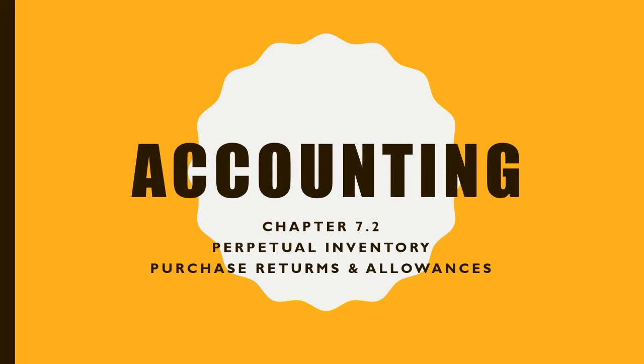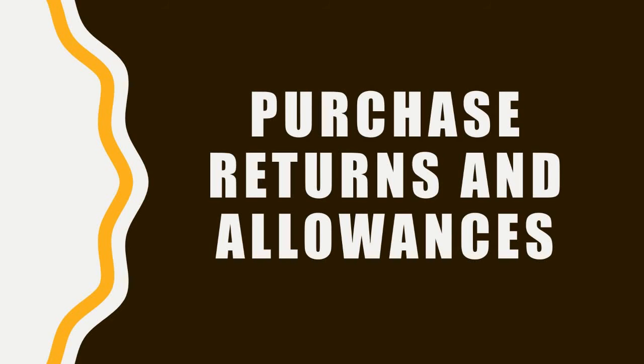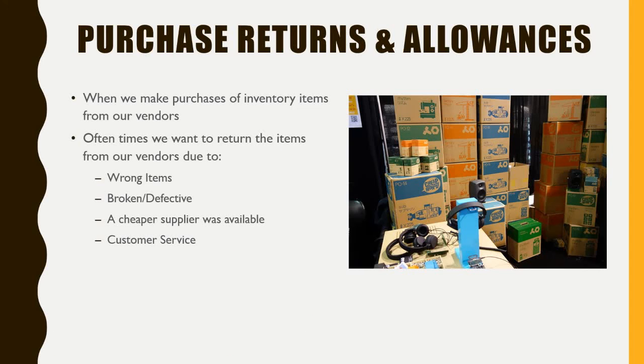But of course, if we can make purchases, we can also make purchase returns and allowances, because sometimes the vendor may ship things to us, and when we open up the boxes of inventory, we can recognize that some things could be damaged, defective, or broken, or maybe there's a cheaper person that sells the same exact product with the same quality.